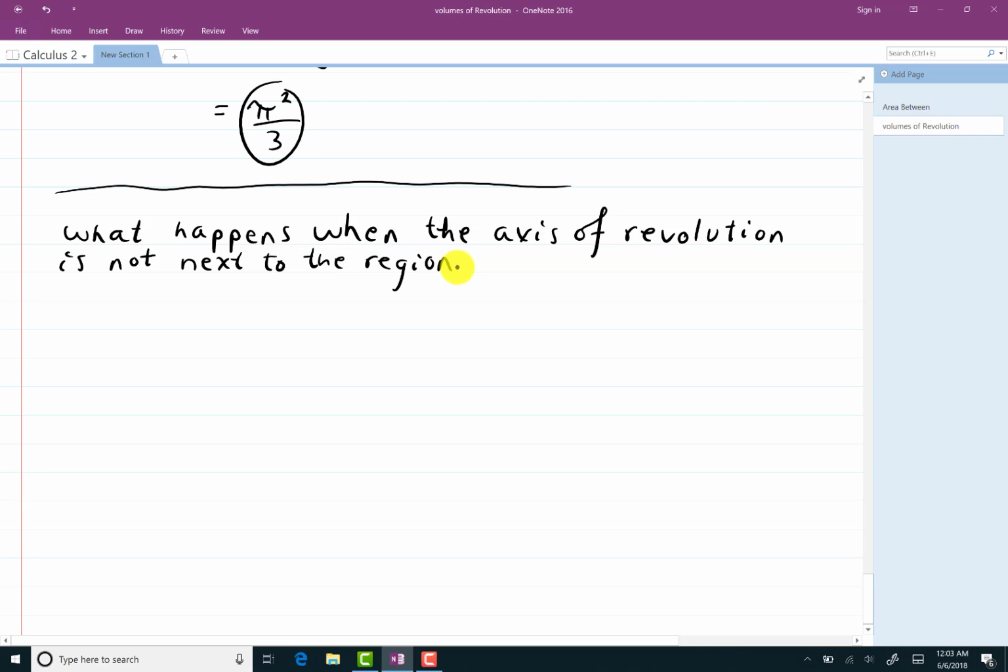So, for example, we could have something like this. I could have, whatever, a region, let's say like that. And let's say that it's not along the x-axis, but I'm rotating it about a line.